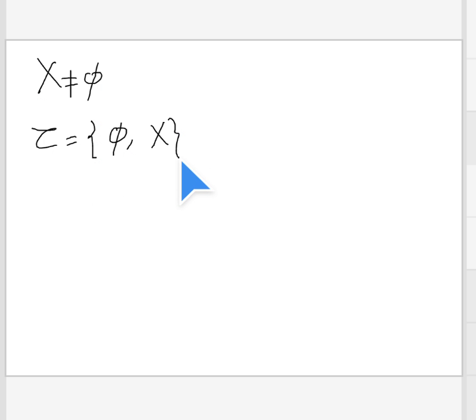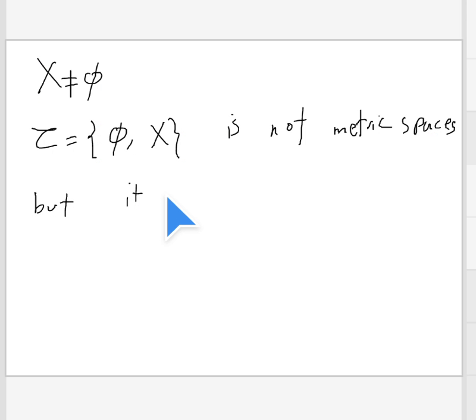For example, let X be a non-empty set and define the power set P(X). Then (X, P(X)) is not a metric space, but it is a topological space.